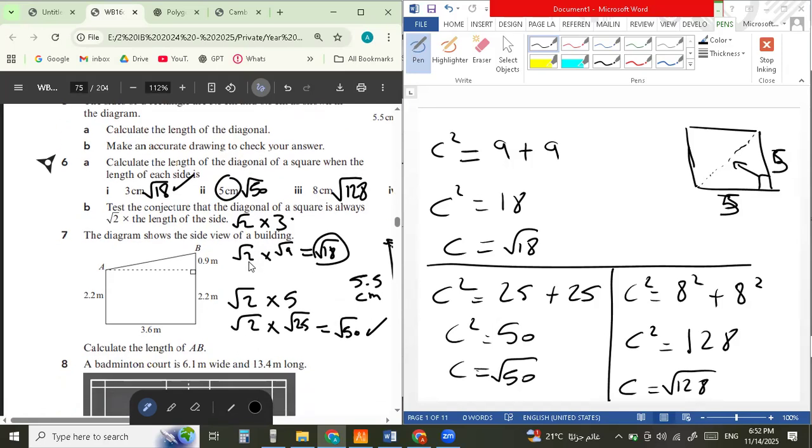But can I try another one? No problem, try another one. If I say 8, the square root of 2 multiplied by 8, will it give me 128? Let's try it. It is the same as the square root of 2 times the square root of 64, which is the square root of 2 times 64, which is 128.